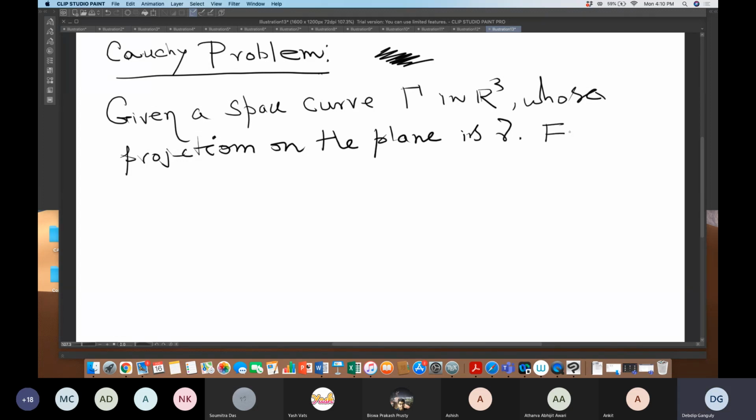Find the function. Find a function u satisfying (1).